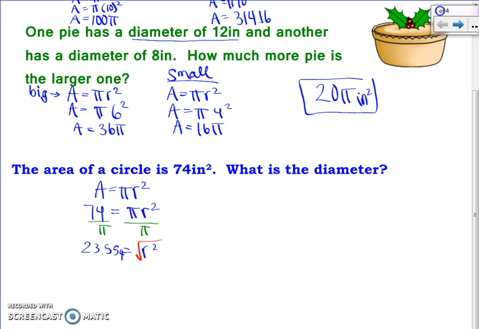Square root it. So what do we get there? 4.85. Okay, now is this the answer? No, we need the diameter, so we do what? Yeah, we just times that by 2. And we get what?